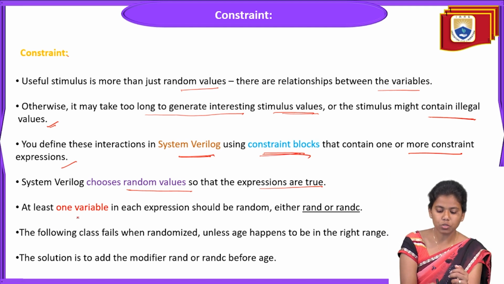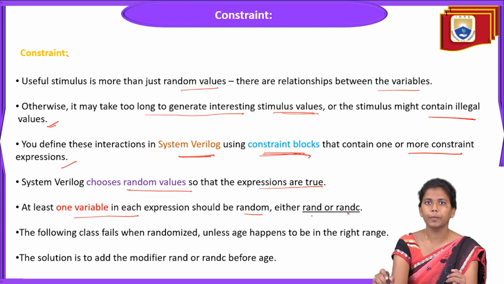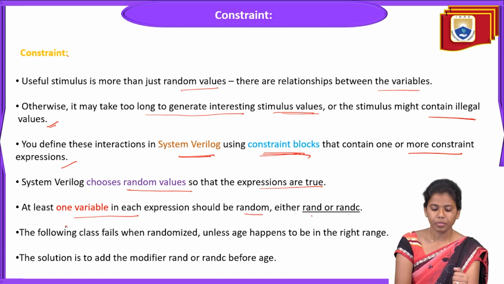Then at least one variable in each expression should be random, either rand or randc. This sentence is telling us that at least one variable in each expression should be random.